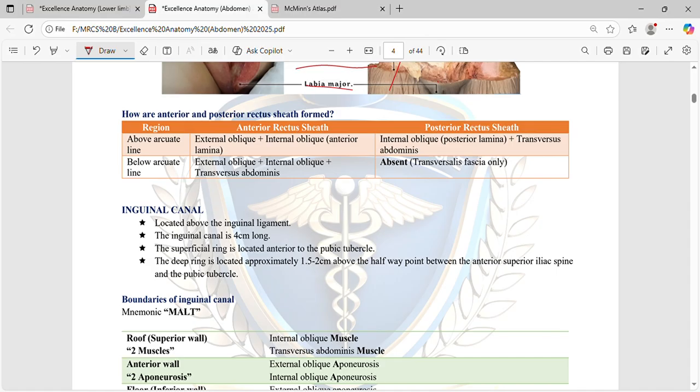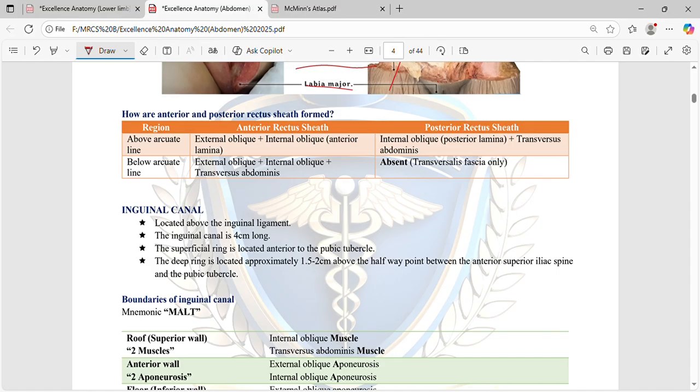Some books mention another level way above the umbilicus. So we will try to figure out what structures are at those levels. First, let's read above the arcuate line.